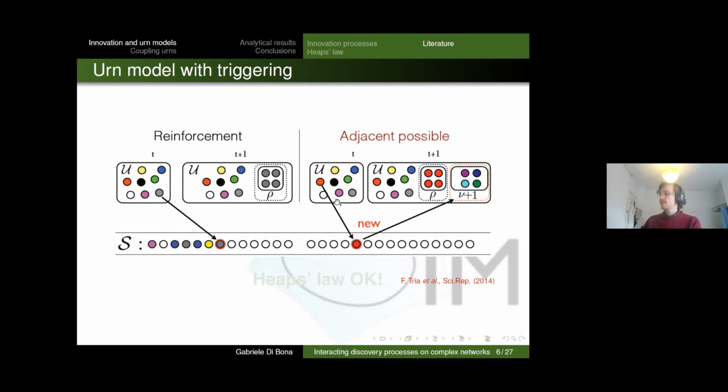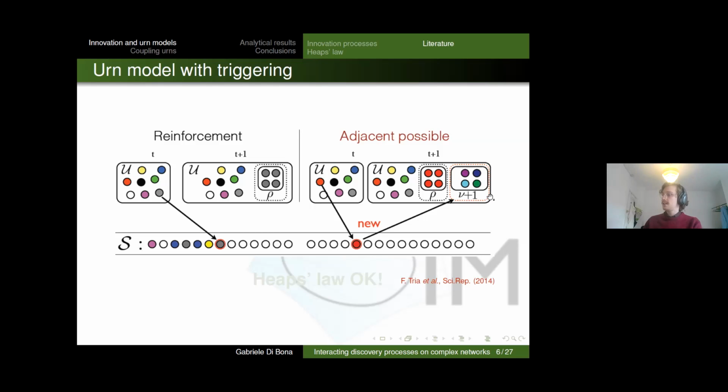And so here, what happens is that whenever we draw a new color of a ball that we've never seen before, so no red here until here, now we draw a red ball. So not only do we add the reinforcement, but we also trigger some new colors. In this case, new plus one balls of new colors are added to the urn.